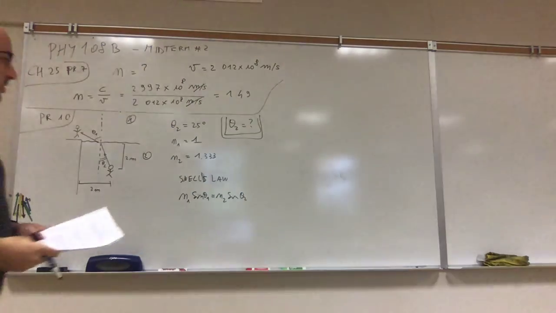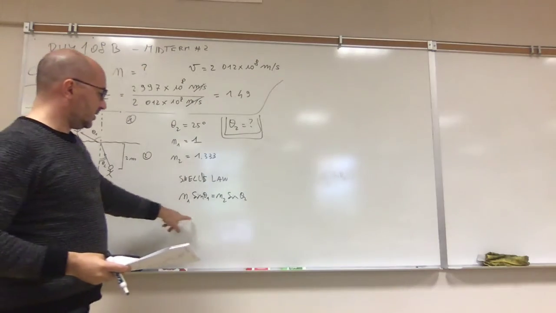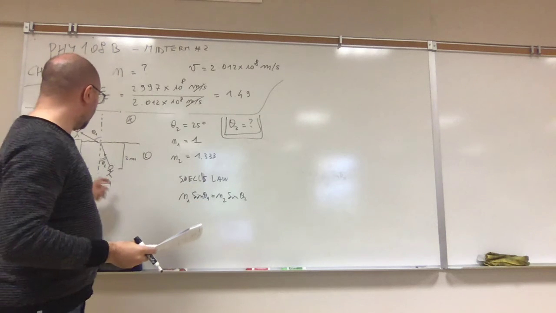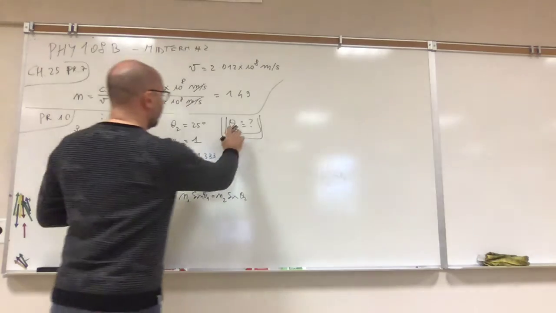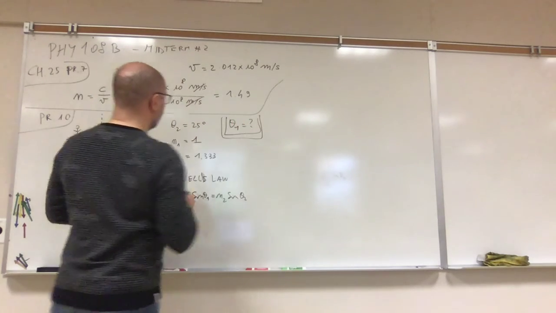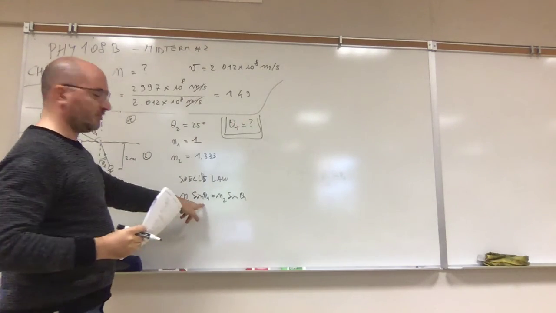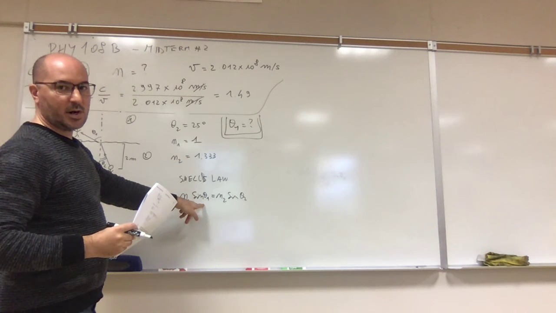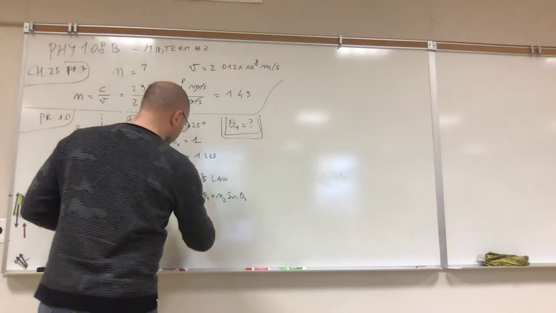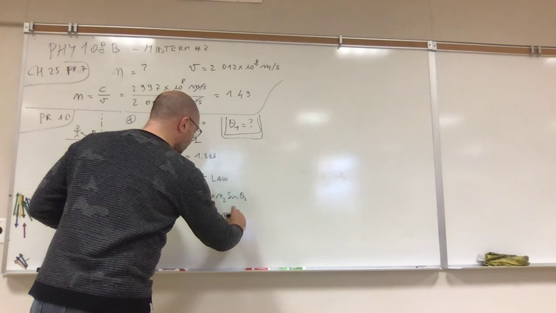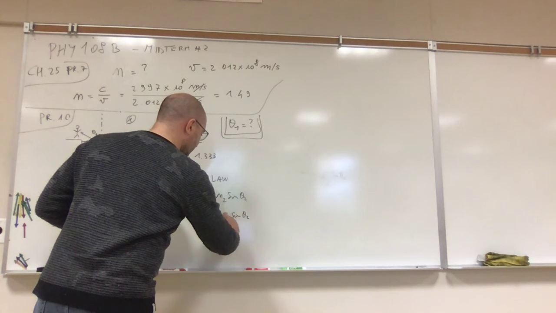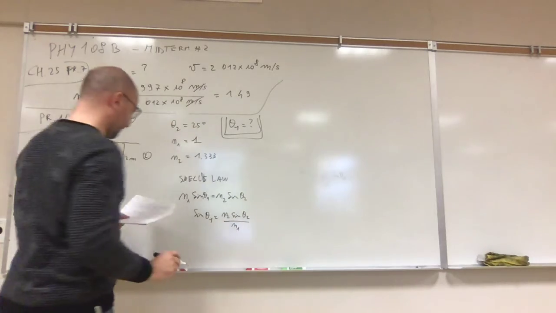We have n1, we have n2, we have theta 2, and we have to find theta 1, so we just solve this equation for sine theta 1. Sine of theta 1 is equal to n2 times the sine of theta 2 divided by n1.